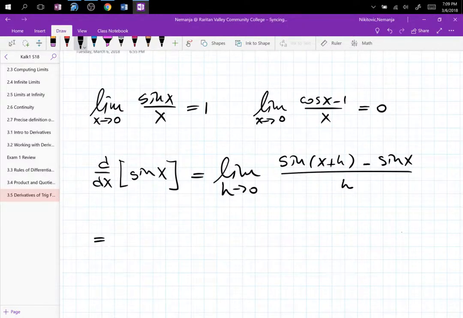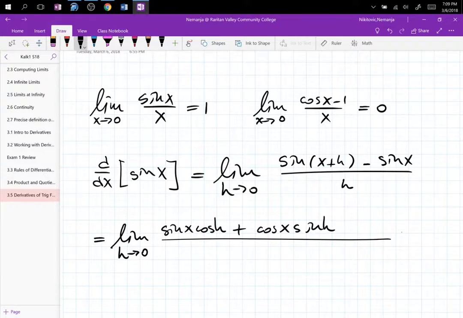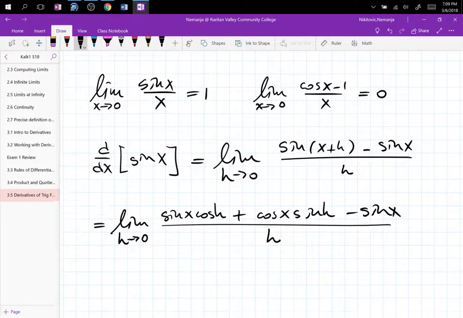Don't forget the limit on every line until you use it up. The only thing we can do is expand this using the sum of angles. So you have sine x cosine h plus cosine x sine h minus sine x, over h.